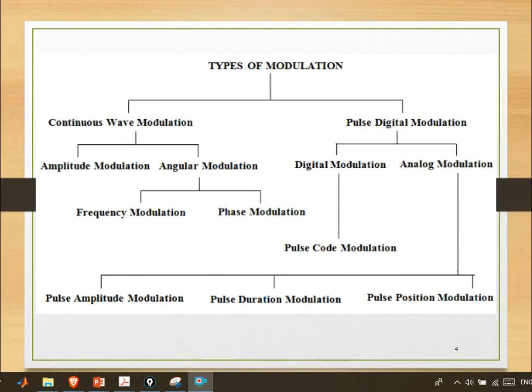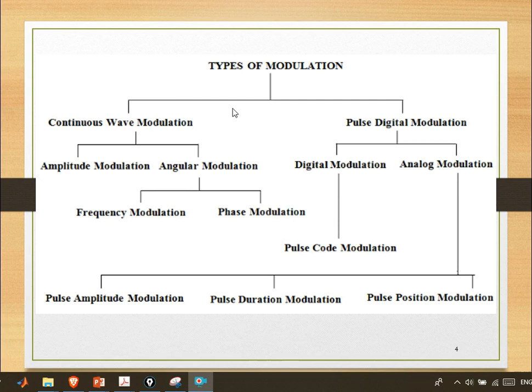Now, let's talk a little bit about the different types of modulation and remind you of the types of modulation that you studied in the previous semester, and see how they are going to be related to the modulation schemes that we will talk about this semester. For example, in the previous semester we studied the left side part of this diagram. Do you remember with me?